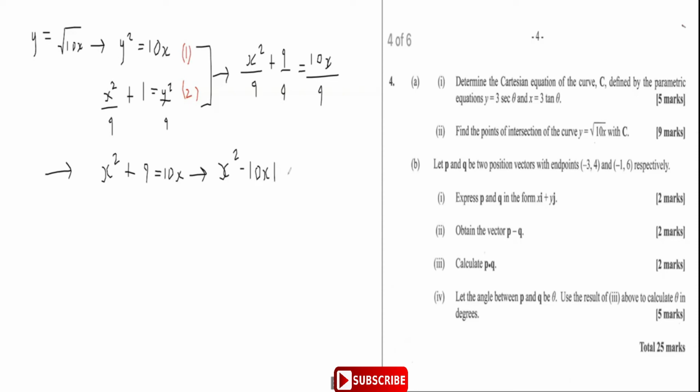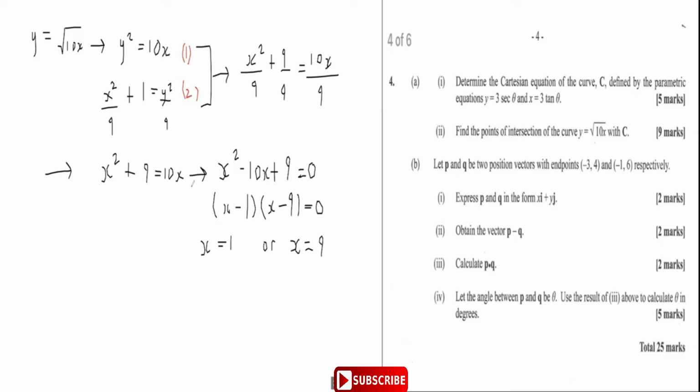We can factorize it: 9 and 1, signs are the same, both negative. So what we're getting then is x is equal to 1 or x is equal to 9.